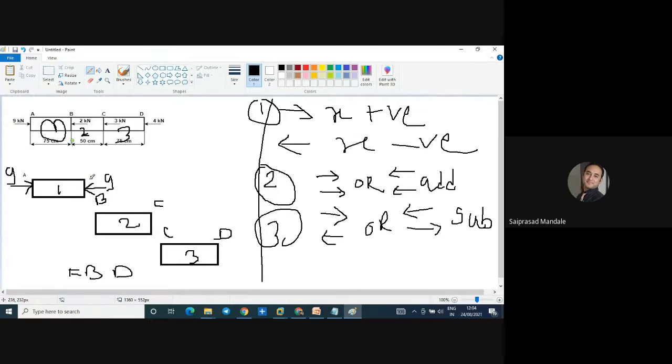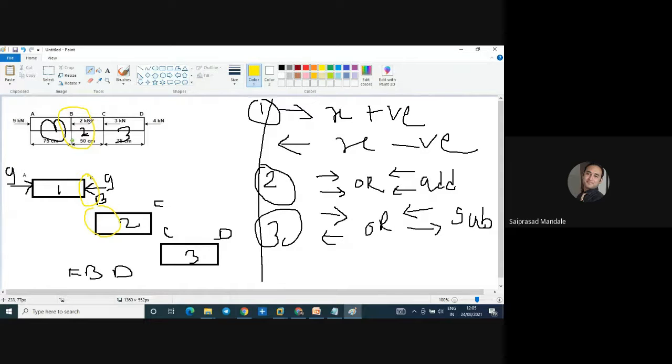Now look at the section B. Over here it is a B. Point B. This is B and this is also B. But in actual practice, let me change the color of pen. This is B and this is also B. And over here B point is there.